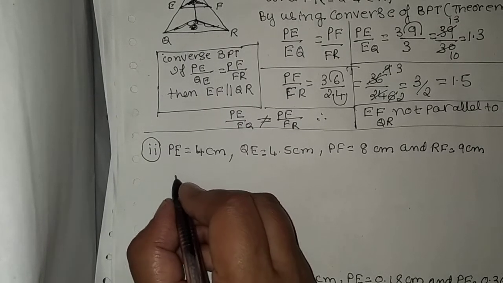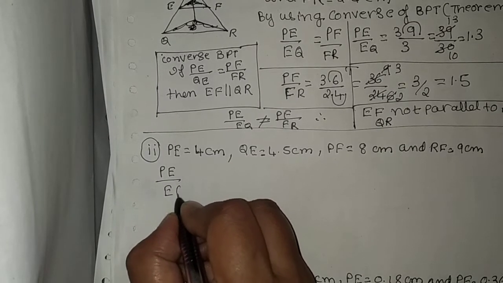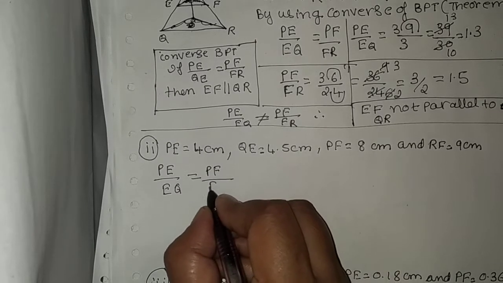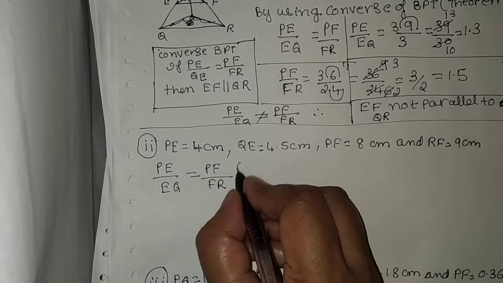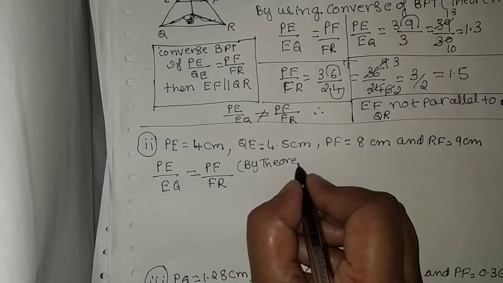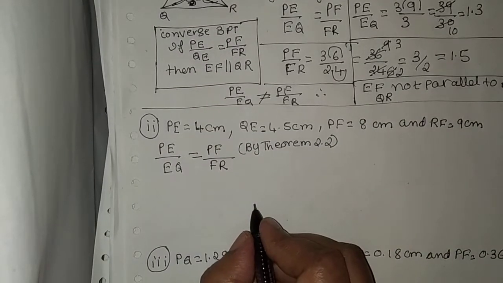As we know, BPT, write down PE by EQ equal to PF by FR, then just write by theorem, the converse of BPT or theorem 2.2.